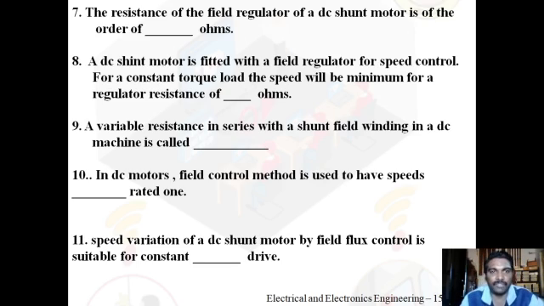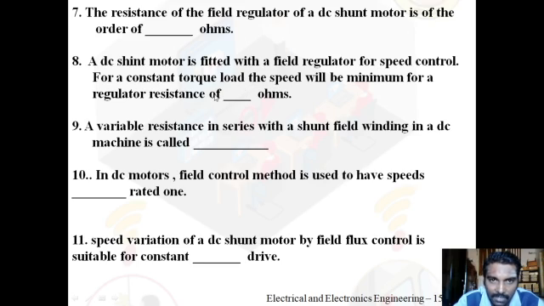The seventh question: the resistance of the field regulator of a DC shunt motor is of the order of what value? It is generally 100 ohms. The eighth question: a DC shunt motor is fitted with a field regulator for speed control.